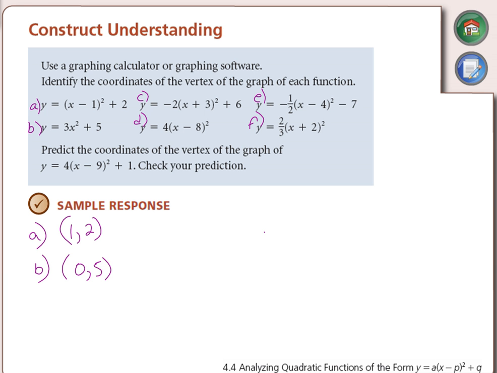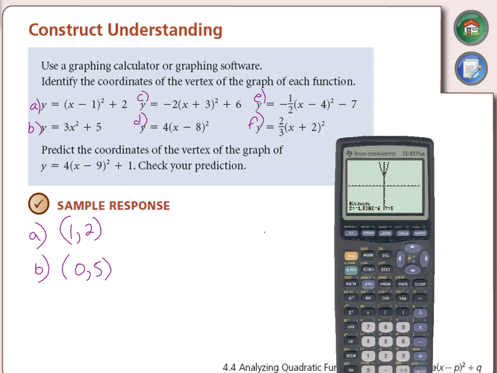Now we go to C. Let's plug that one in. As we plug it in, we should know right off the bat that A value in front is a -2. It'll be opening to the negatives. It's opening down. So we're going to be looking for a maximum on this one. Let's graph it and just check. Yep, that's the case. We're looking for a max.